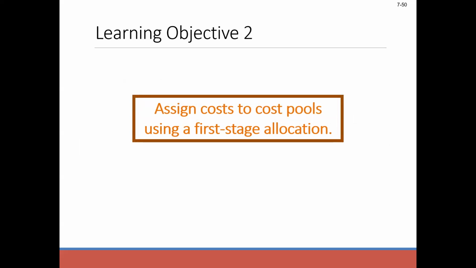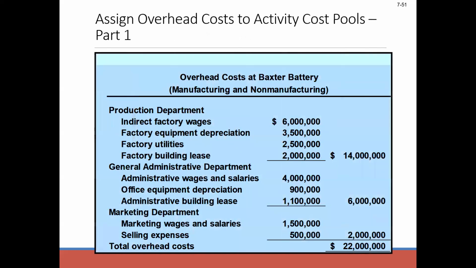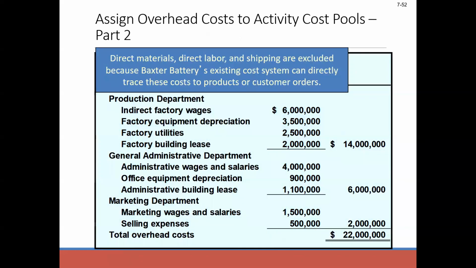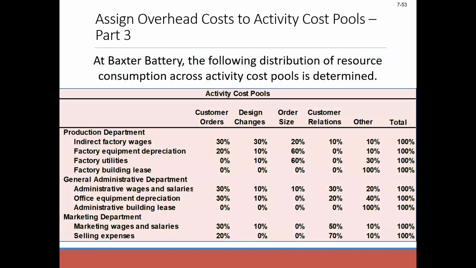Next objective, we're going to look at assigning cost to cost pools. So here we have our Baxter Battery. And we see that the direct materials, the direct labor, and shipping are excluded because Baxter Battery's existing cost system can directly trace these costs to products or customer orders. So the following distribution of resource consumption is determined across these activity cost pools.